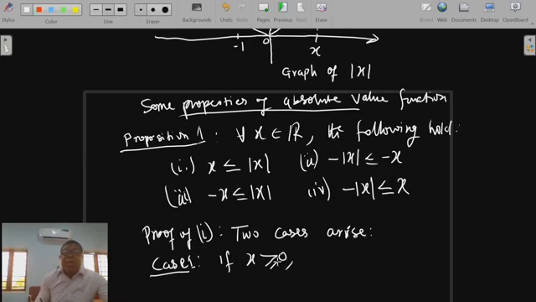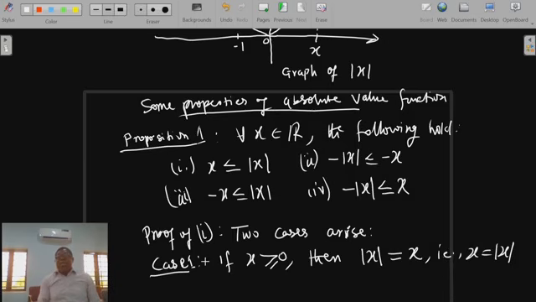If x is greater than or equal to 0, then absolute value of x is equal to x. That is, x is equal to its absolute value. So here is the case where equality holds. Remember, we are trying to show that this inequality holds.